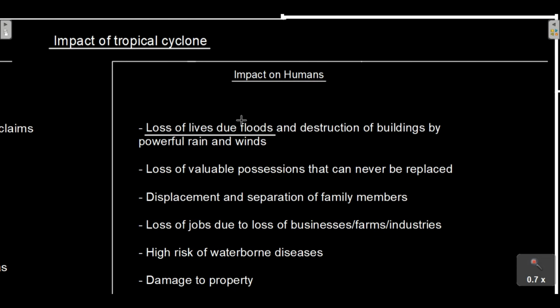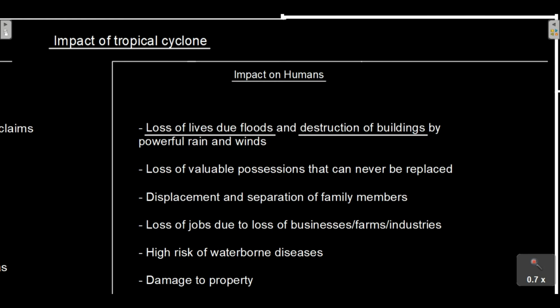A lot of people drown due to floods. A lot of families have lost a lot of family members due to flooding and destruction of buildings. Remember, these tropical cyclones have very high wind speeds, very aggressive, which can reach up to 300 kilometers per hour. So that is very destructive.